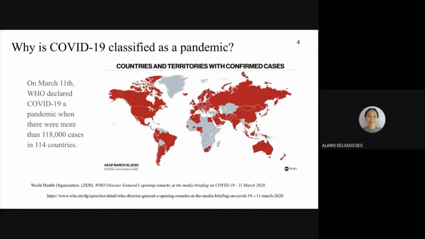However, WHO, being deeply concerned by both the alarming levels of spread and severity and by the alarming levels of inaction for prevention, on March 11th finally decided to declare COVID-19 a pandemic. By then, the number of cases of COVID-19 outside of China had increased 13-fold, and there were more than 118,000 cases in 114 countries.